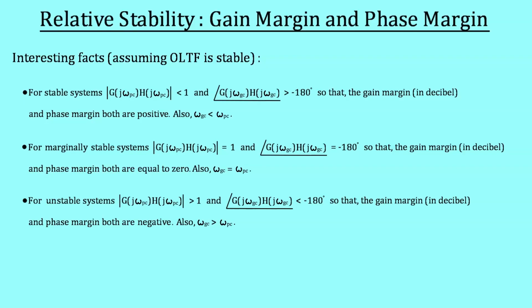For unstable systems, however, the gain of the open loop transfer function at phase crossover frequency is greater than 1 and the phase shift provided by the open loop transfer function at gain crossover frequency is smaller than minus 180 degrees, so that the gain margin in decibels and the phase margin both are negative. In this case, the gain crossover frequency is greater than the phase crossover frequency.